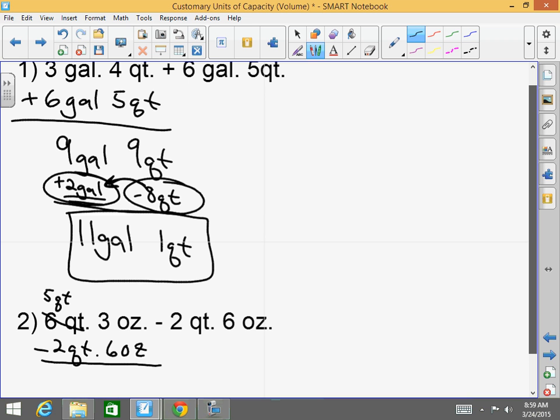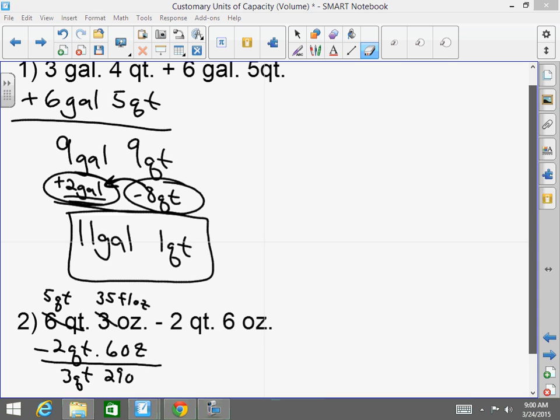Now, how many fluid ounces in 1 quart, guys? 32. So I'm going to add 32 fluid ounces. So I've really got now 35 fluid ounces. So that's going to give me 3 quarts and 29 fluid ounces. I should actually put, let me put the fluid ounces.